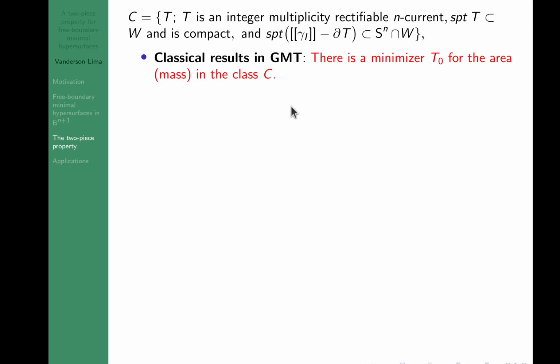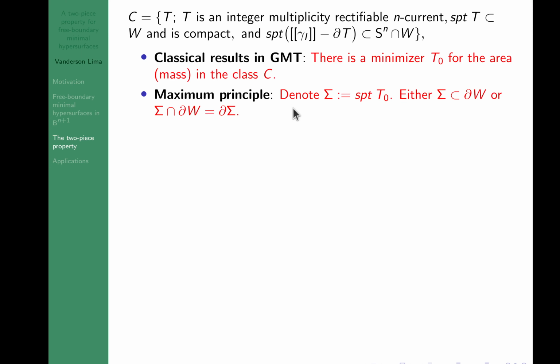Let's say this is W. So either the hypersurface is entirely contained in the boundary of the domain, or it is inside except for its own boundary. That is, the intersection of sigma with the boundary of the domain is the boundary of sigma itself. So this maximum principle is important to obtain regularity.